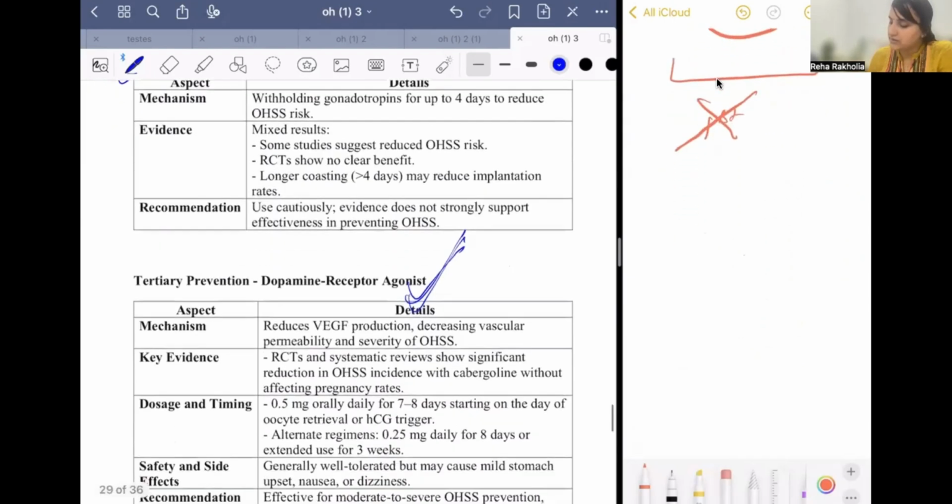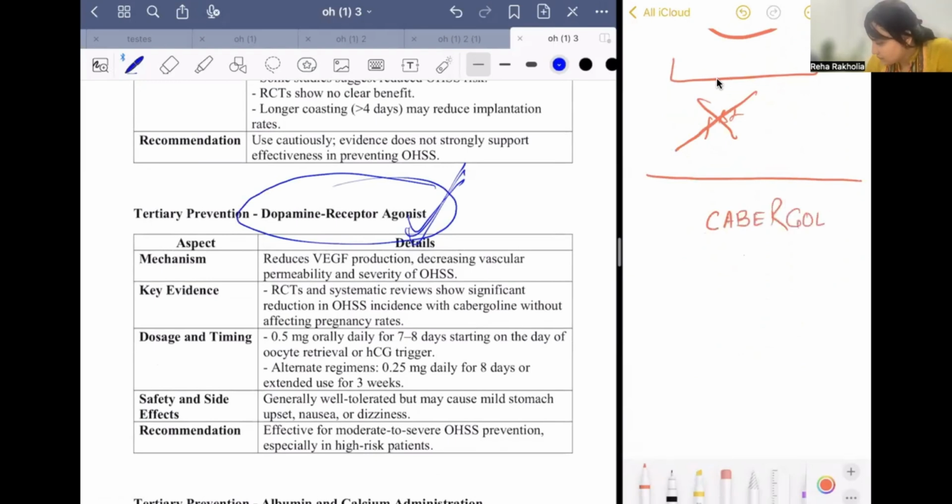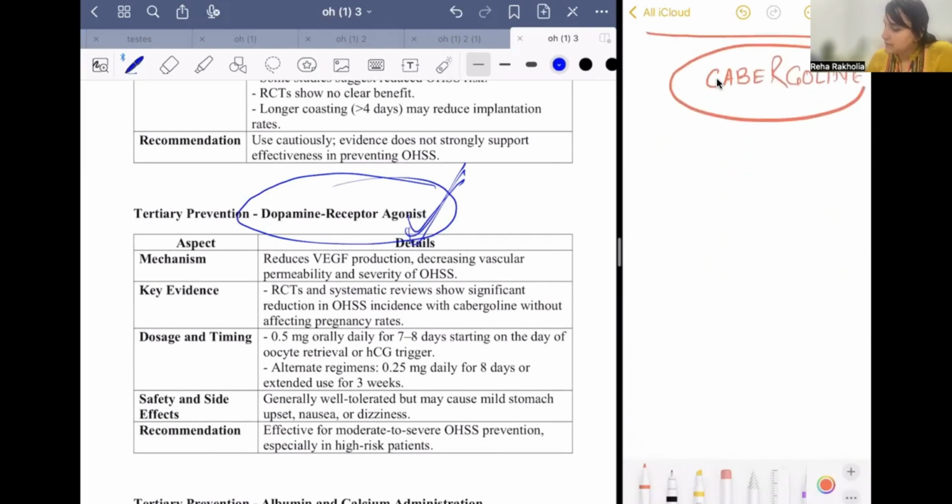Now we'll talk about the dopamine receptor agonist. This is the most effective way to control OHSS in this stage. A dopamine receptor agonist like cabergoline is used. How does this work?